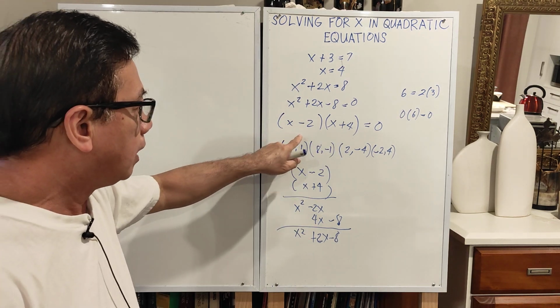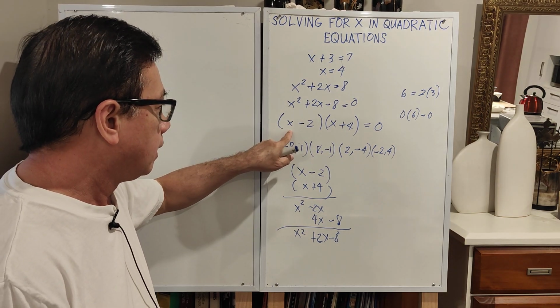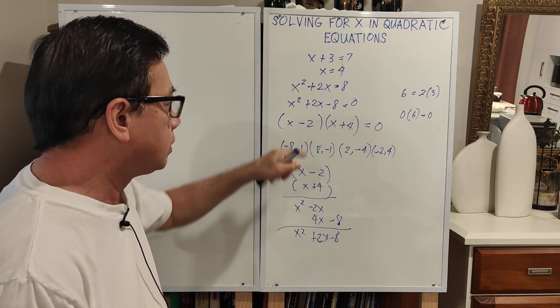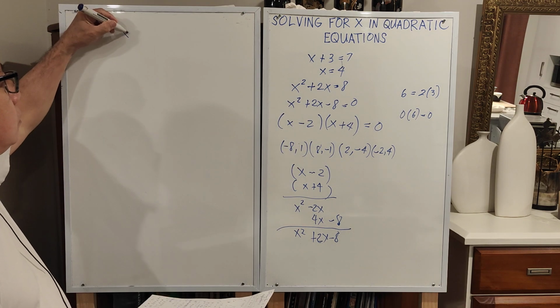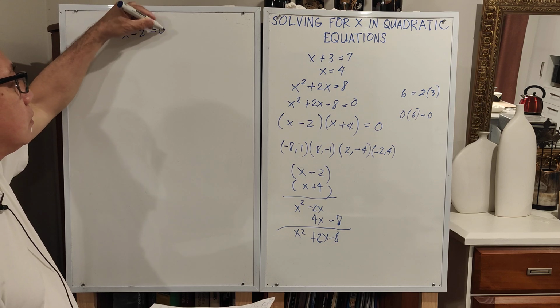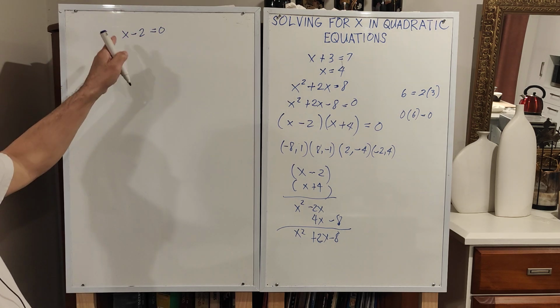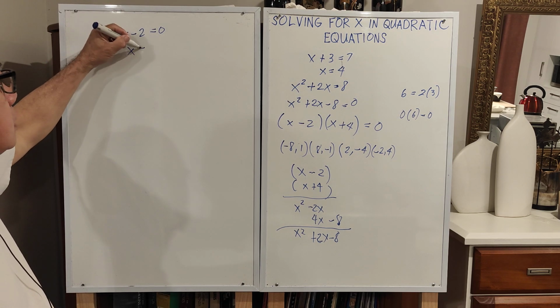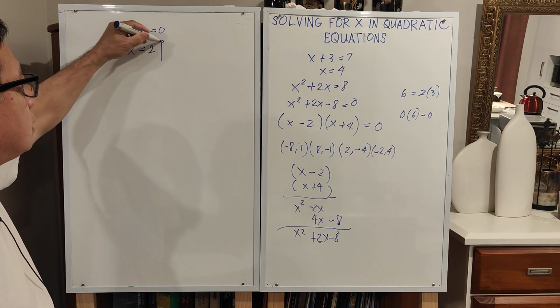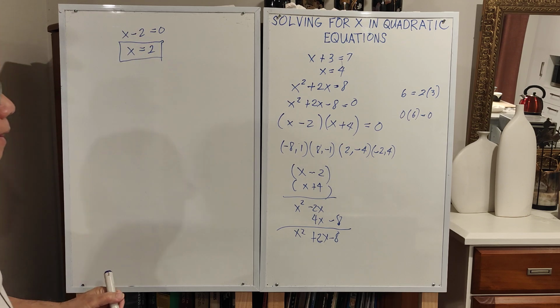So for example, let's equate this one to 0. x minus 2 is equal to 0. Adding 2 on both sides, x is equal to 2. So this is your first answer.